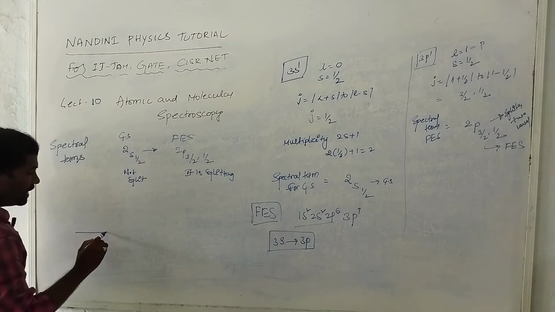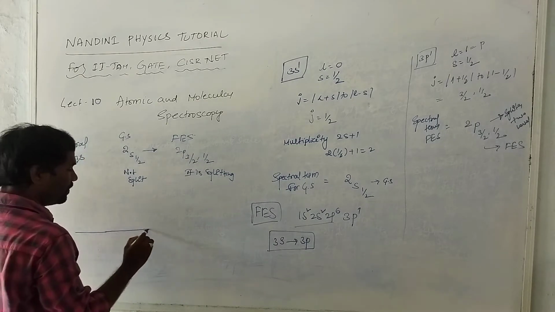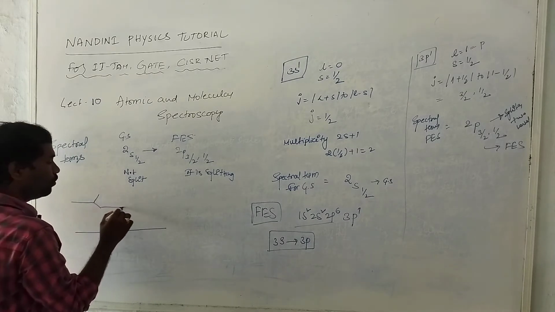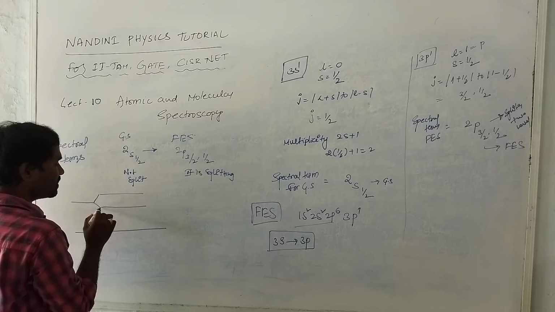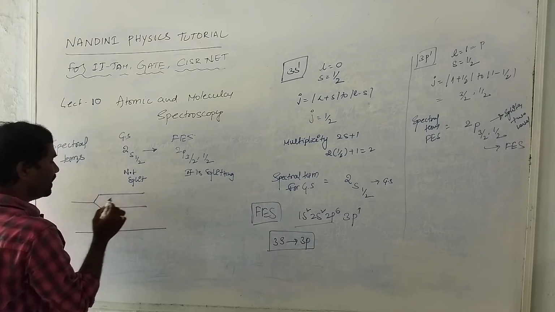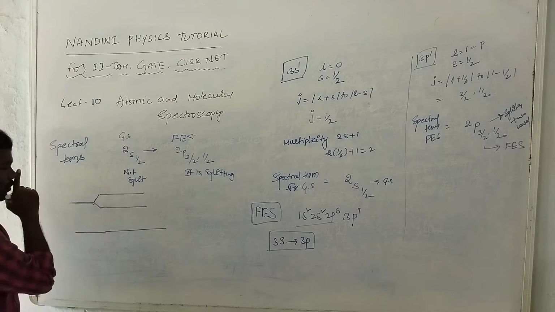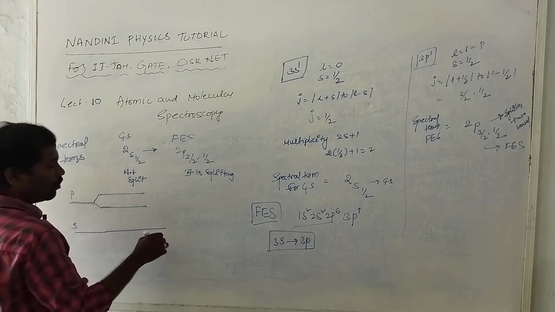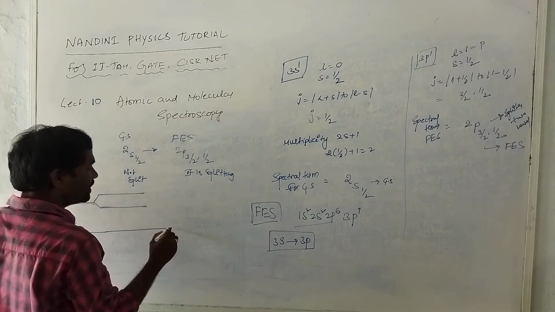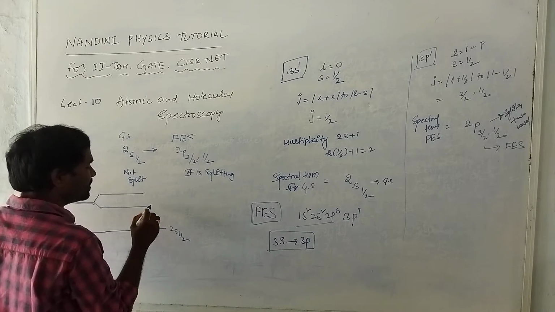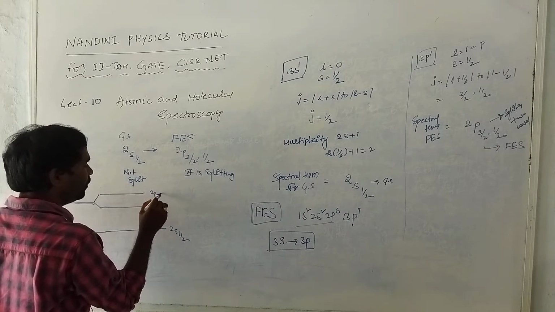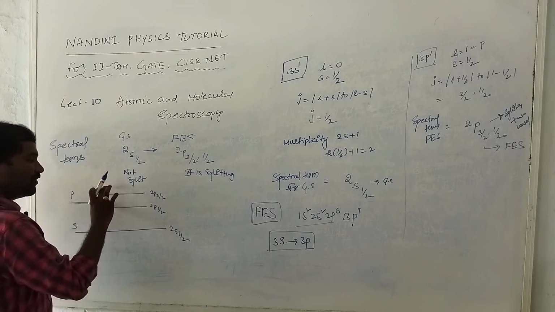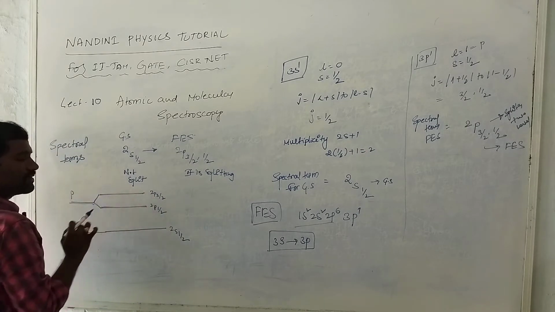So this ground state is not splitting, but the first excited state splits into further 2 parts. This is a P state and this is an S state. This value represents 2S 1/2 and this value represents 2P 3/2 to 2P 1/2. Therefore there is a shift between these two P states.